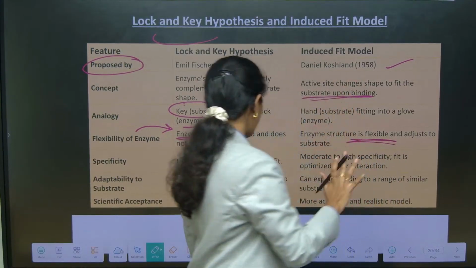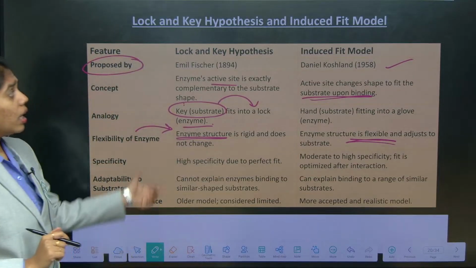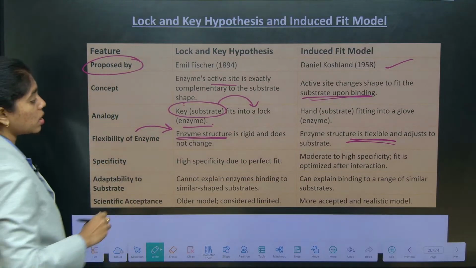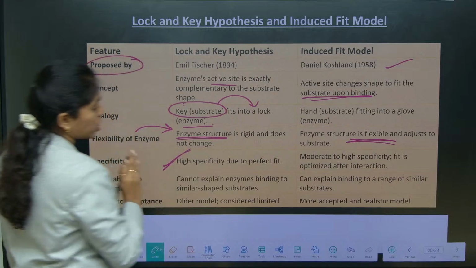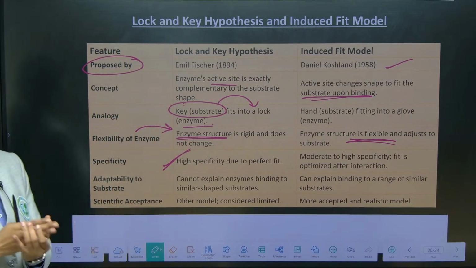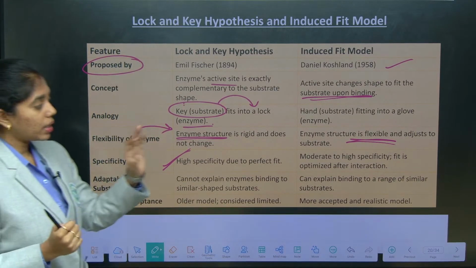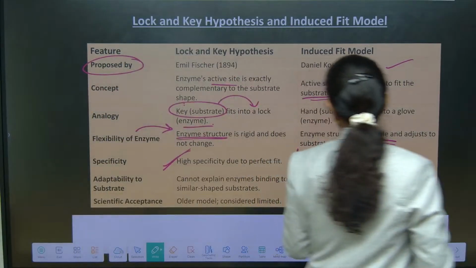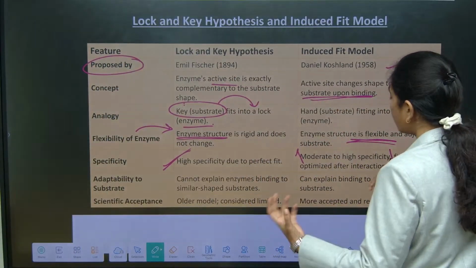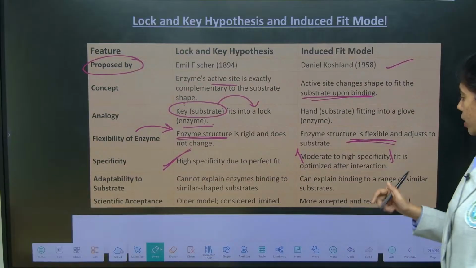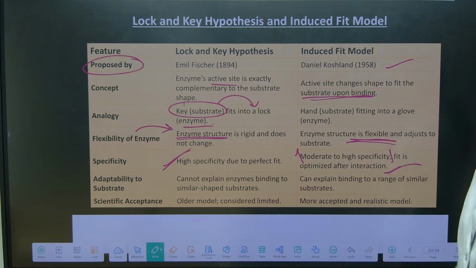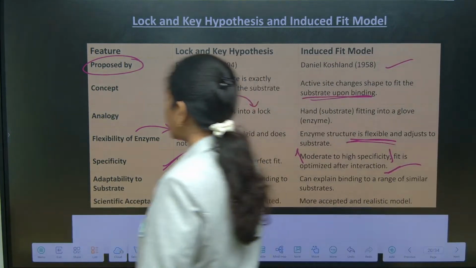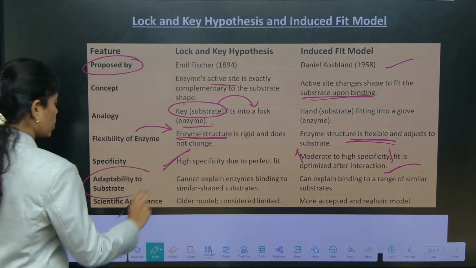Fine, right? Next, the lock and key hypothesis has high specificity due to the perfect fit of lock and key, but induced fit is moderate to high specificity, where the fit is optimized according to the interaction between enzyme and substrate. Next, adaptability to the substrate.